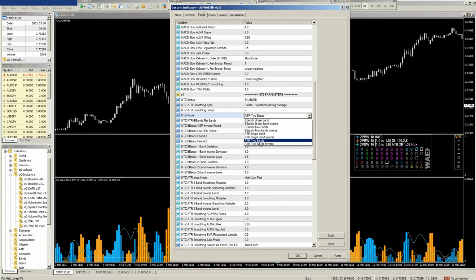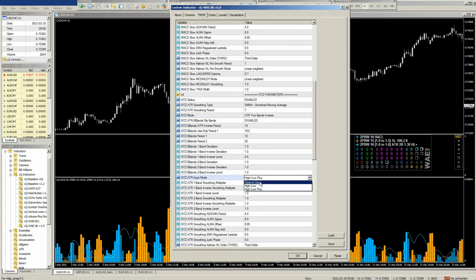And on these 2-band ATRs, it will use the close to close, or the high minus low, or if it's this high-low plus, if the current close is greater than the previous close, then it uses the previous low minus the current high. And if the current close is less than the previous close, it uses the previous high minus the current low.